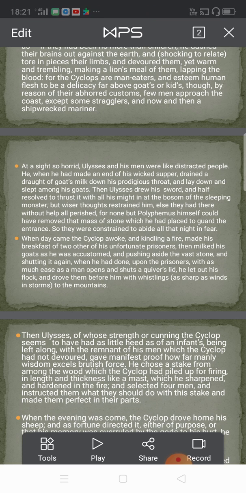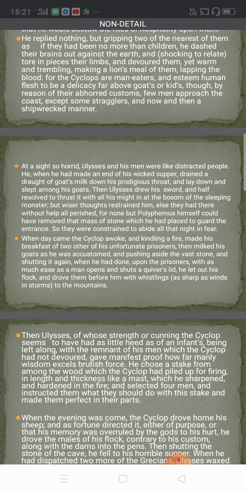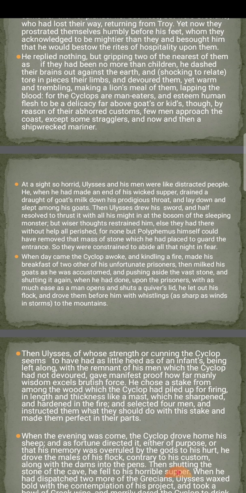So they were constrained to abide all the night in fear, because while entering, that Cyclops kept one big rock, that is the door of the cave. So these people now can't push the rock. Only a few men are left because a few men were eaten.